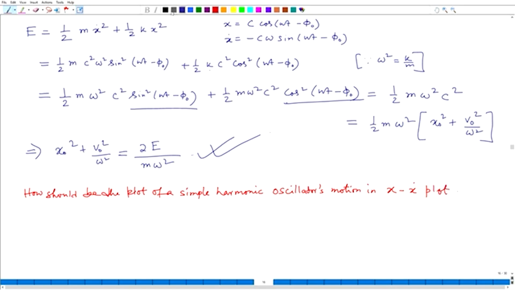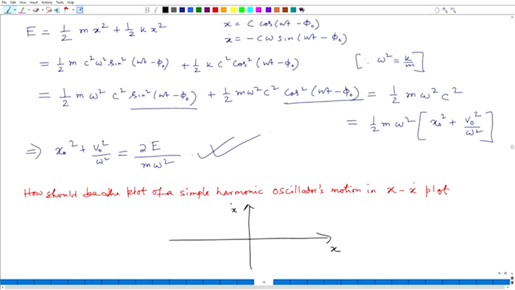That means, I give you a plot where along the x axis the displacement is plotted and along the y axis the x dot or the velocity is plotted in 1D, of course.